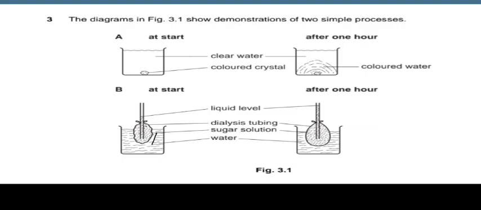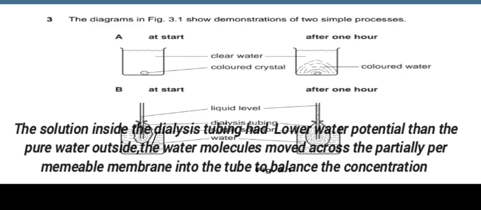So inside the dialysis tubing, we have higher concentration, or I may say lower water potential. In this case, we're going to say the sugar solution inside the tubing is at lower water potential. When I say lower water potential, that is higher concentration, than the pure water outside. So we're talking about this pure water outside. So water molecules moved across the partially permeable membrane into the tubing to balance the concentration.